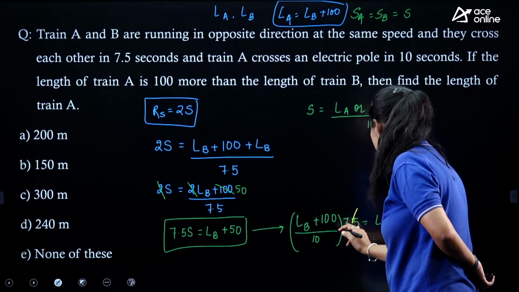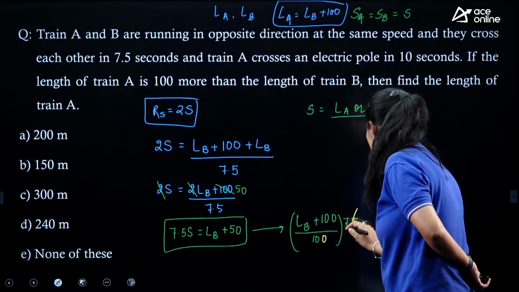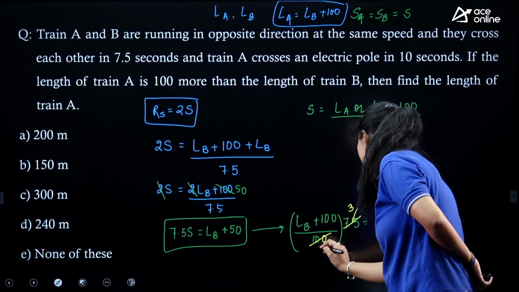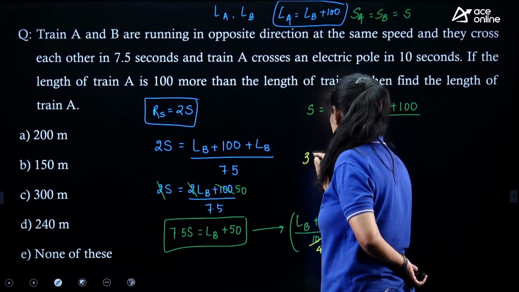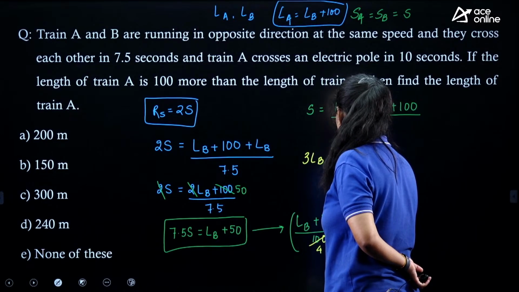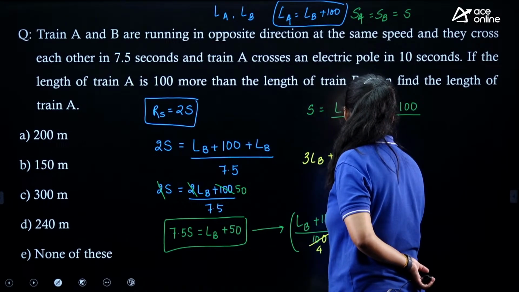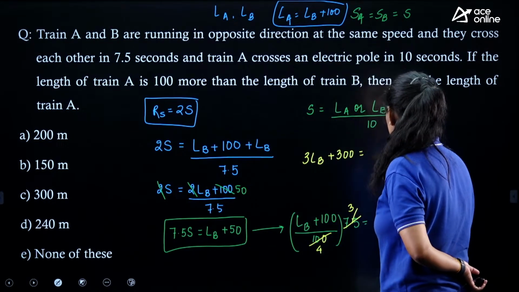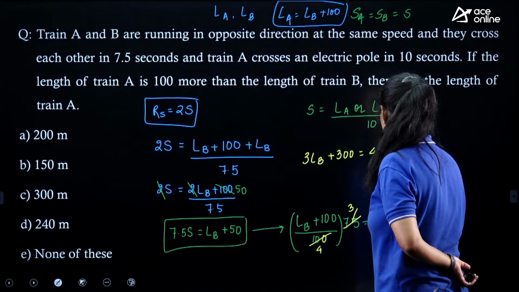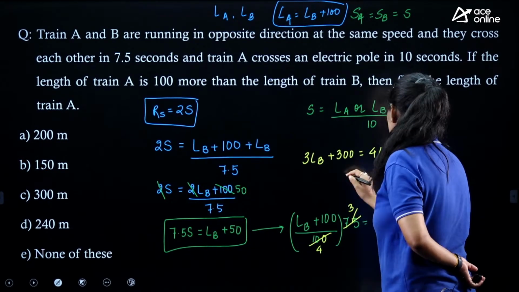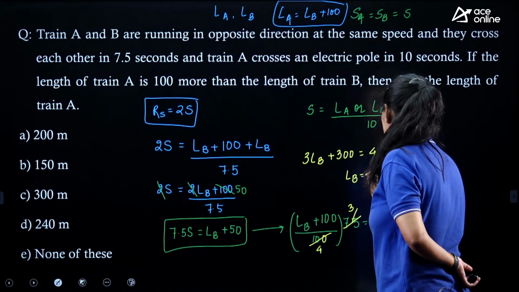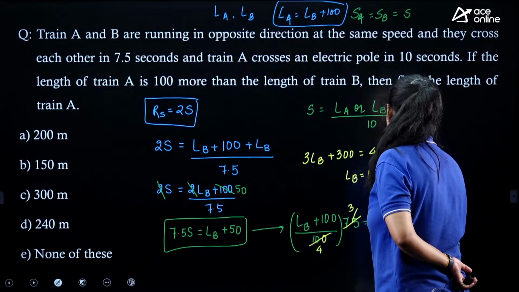So here we remove it, and here we get 0. Here we get 3, here we get 4, right? So we have 3 times length of train B plus 300 equal to 4 times length of train B plus 200. So the length of train B that we got over here is 100 meters.